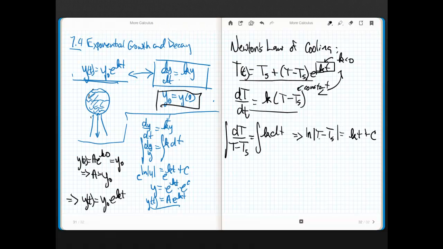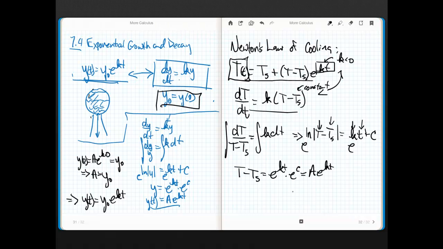All right, remember, by the time we're done we want T as a function of t, so I'm going to solve for that capital T right there. This is a constant, this is a constant, this is my independent variable. I'm going to raise e to the power, and I get T minus T sub s is equal to e to the kt times e to the C, so this is equal to A e to the kt.